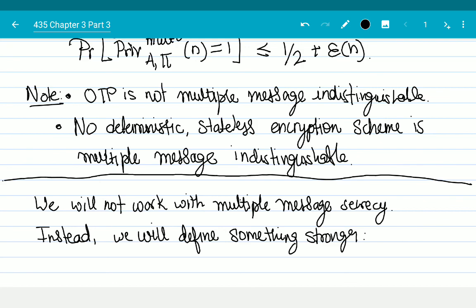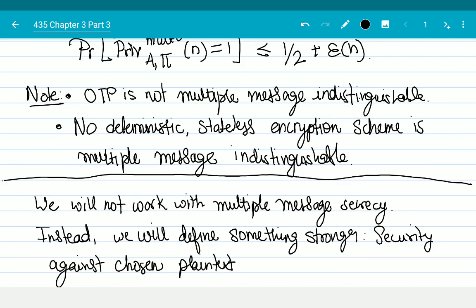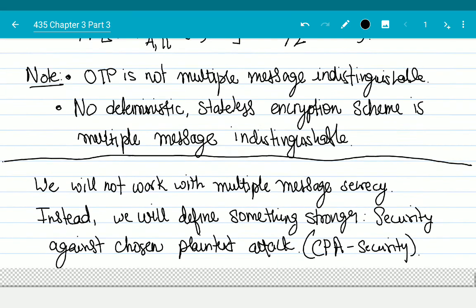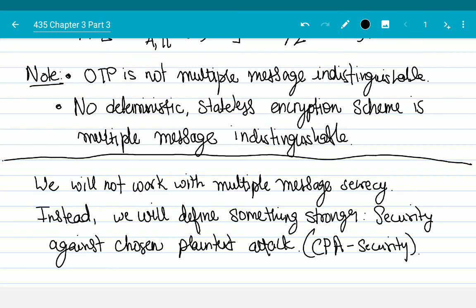Which is security against chosen plaintext attack, which is generally denoted CPA security. Okay, and this is nowadays the minimal standard of encryption that is expected.